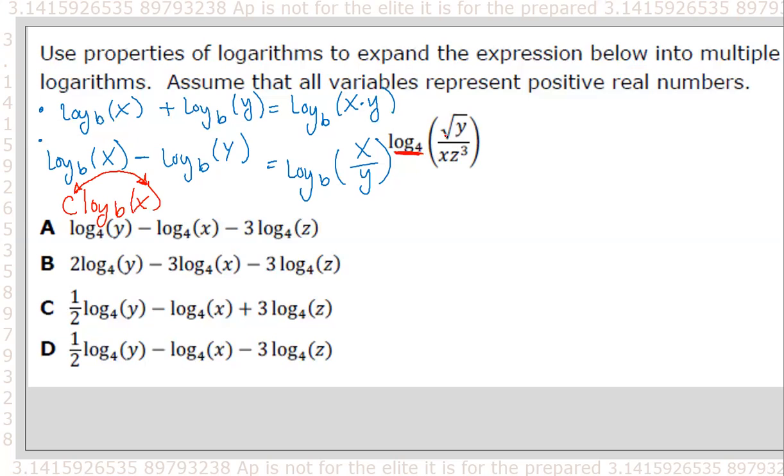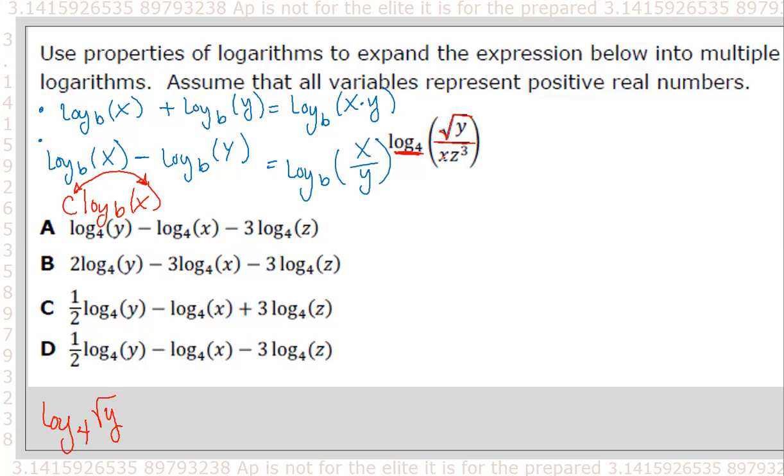We have log of the square root of y divided by x squared z to the third. What I'm seeing here is that I need three different parentheses because I have three different variables. So I'm going to write log base 4 three different times. Square root of y, and I feel like I'm going to run out of space.